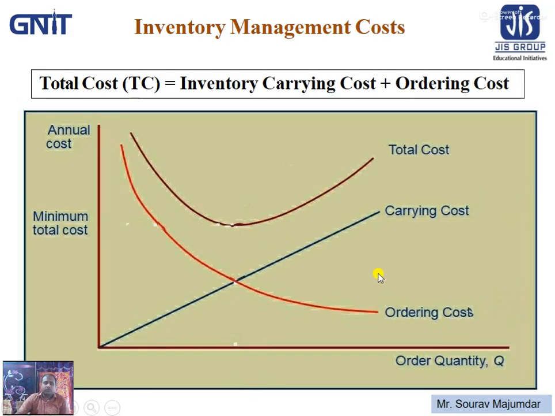Now come to the total cost. Total cost, TC, is equal to the inventory carrying cost plus ordering cost. It is the summation of these two, and if I put this total cost in our graph, this top curve will express the total cost.